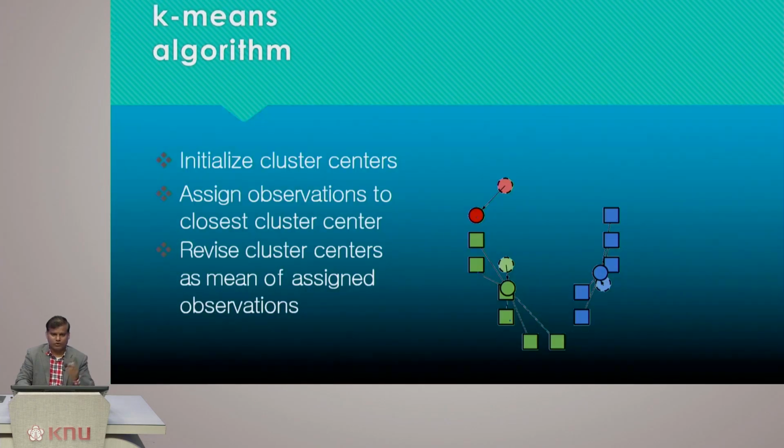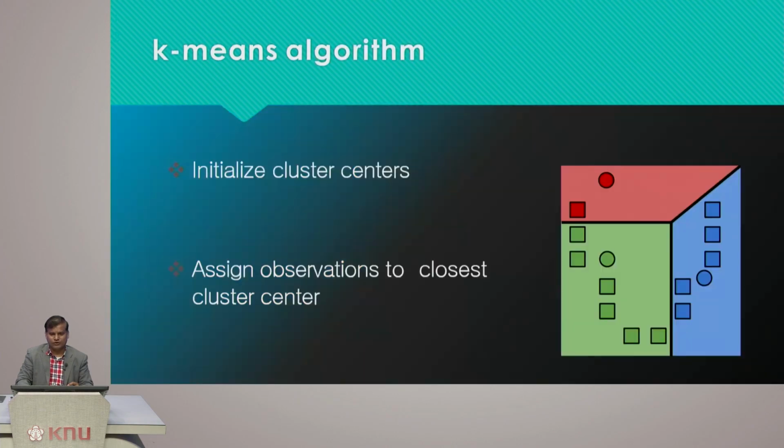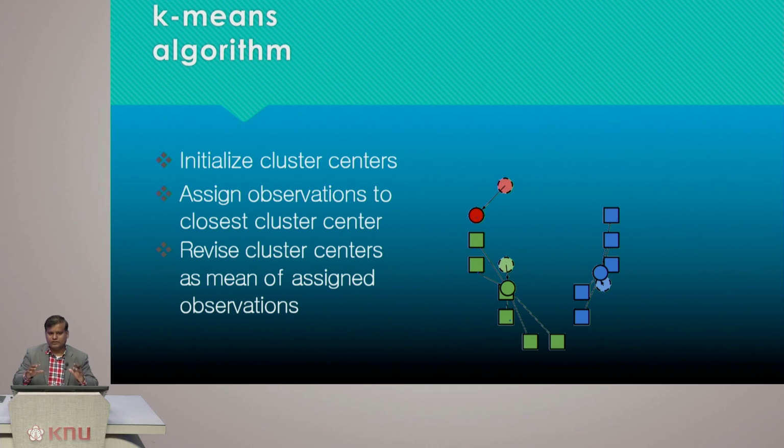So that's one way you revise the cluster center as the mean of the assigned observations. You know this group of objects belongs to that particular cluster, so we revise the cluster center to the mean value and refine the center again.